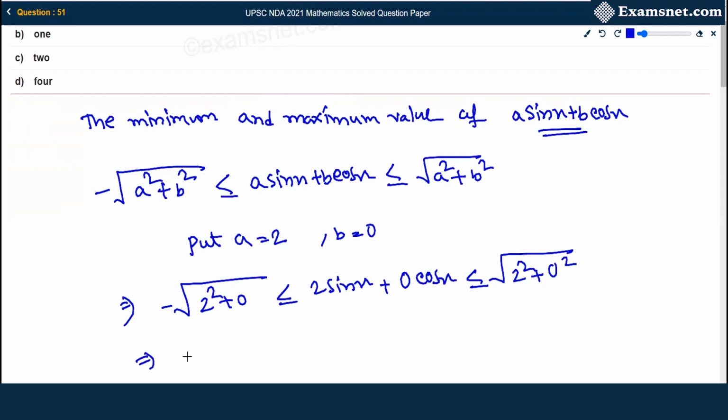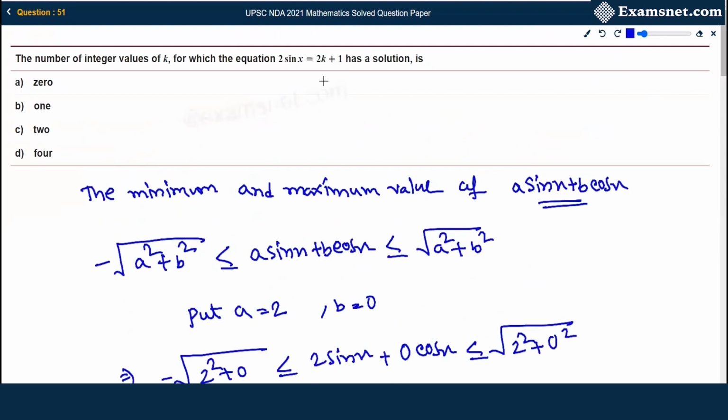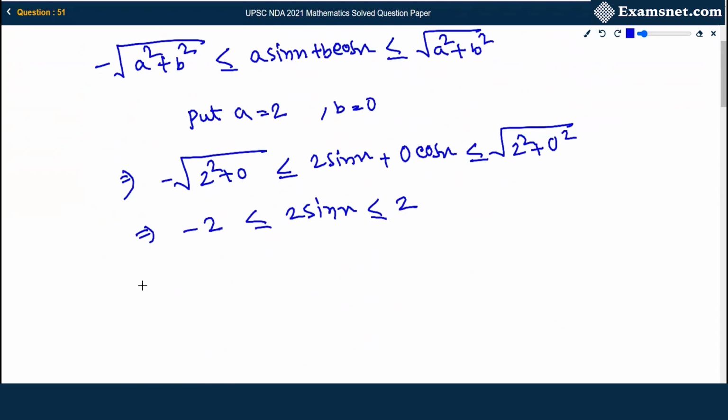So it would give us the value minus 2 less than or equal to 2 sin x less than or equal to 2, correct? So 2 sin x equals 2k plus 1. We will replace that 2 sin x with 2k plus 1.